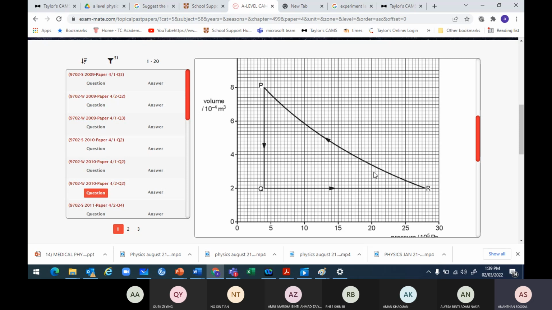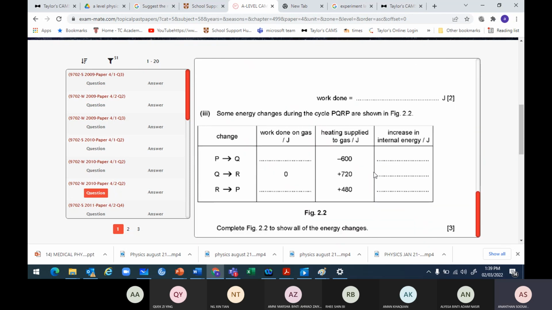So the work done P to Q is the width times the height. Height is 6 times 10 to the power negative 4. The width is how much? 4 times 10 to the power of 5. So get the work. Anybody? How much did you get? P to Q?